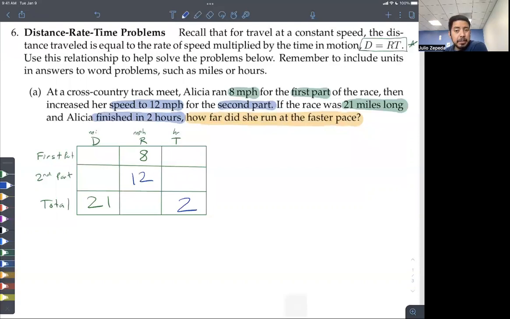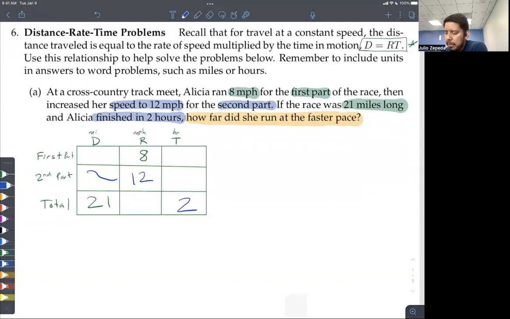Okay. Now we want to know how far she ran at the faster pace. And so we could, if we wanted to, define our x, our variable, our unknown, to be how far she ran at the faster pace, which would be this box here.